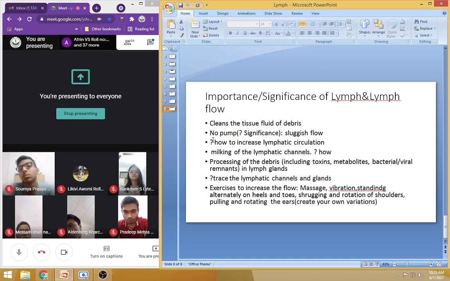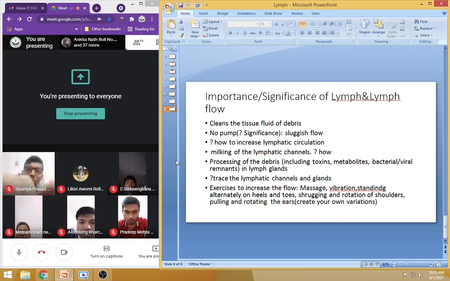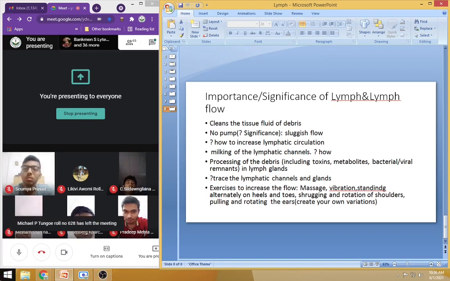robust. Why not robust? Because there is no pump. We have a pump to give the arterial supply to every nook and corner of the body. We have the vein vessels. We have mechanisms in place. For the veins, we have the calf muscle, right? But to clean, we do not have any pump, and therefore the lymph flows very, very sluggishly.